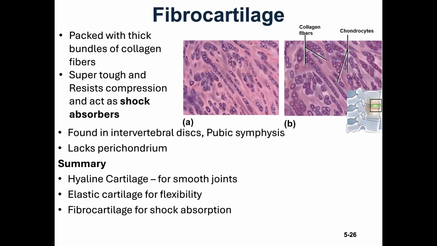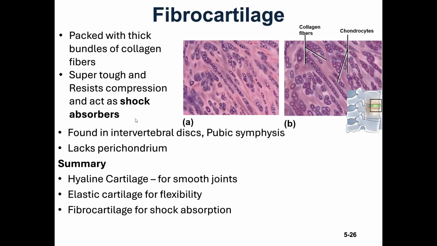What do you mean by the intervertebral disc? Not the knees, the intervertebral, between the vertebrae. Between two vertebrae, there's a disc made of fibrocartilage. It is to prevent the vertebrae from hitting each other. It's like a cushion, but it's a strong cushion.